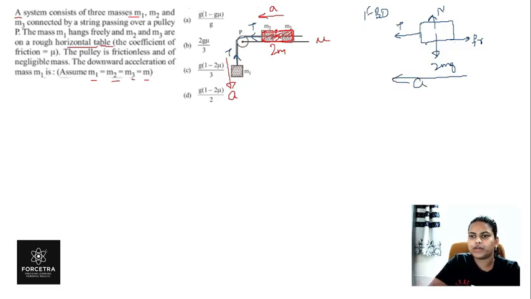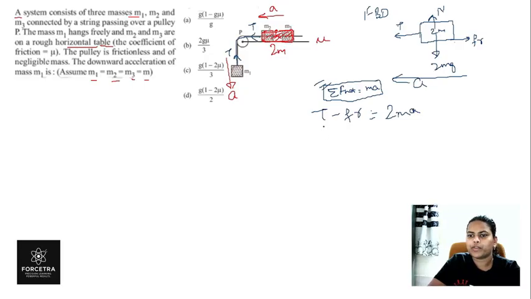To write the equation for the 2m block, I can write T minus Fr, where Fr is the frictional force, is equal to 2m into a. So T minus Fr is your net force. F net is equal to mass into acceleration. This is Newton's second law. So from this, T minus Fr is equal to 2ma.